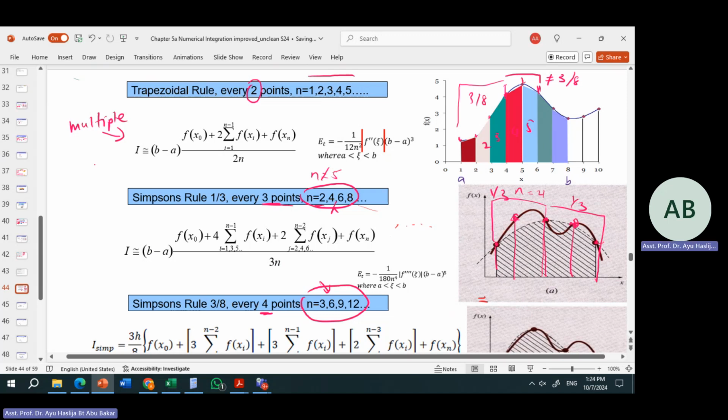So which Simpson do you need to use? n equals 9. Simpson 3/8, Simpson 1/3 can n equals 9. Let's see. Okay, let's see. We try.